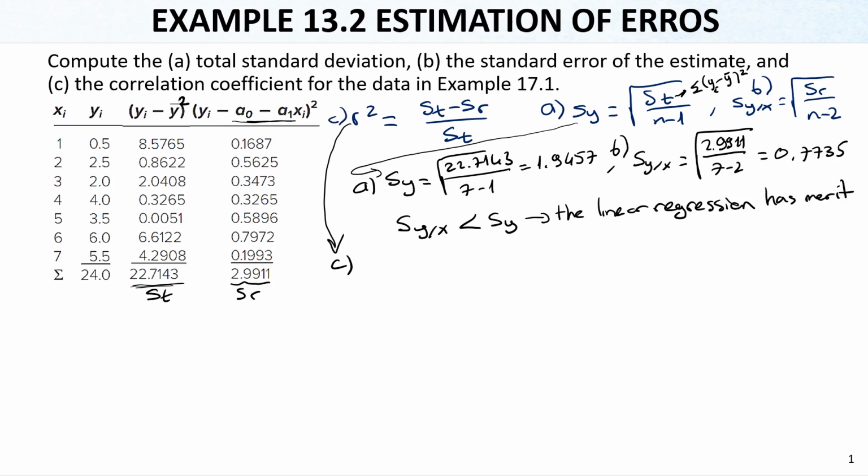For that, we already found St and Sr. So r square is equivalent to St, 22.7143, minus Sr, 2.9911, divided by St, 22.7143. And the result here is 0.868.